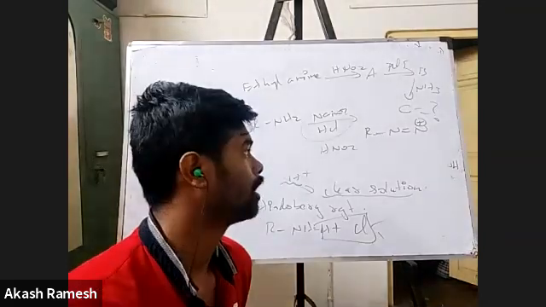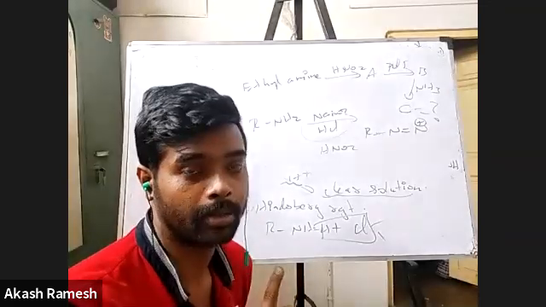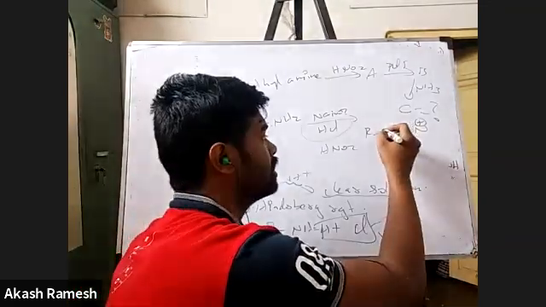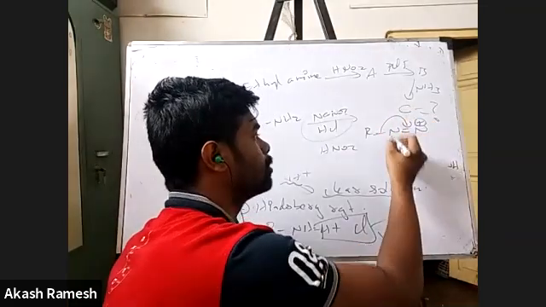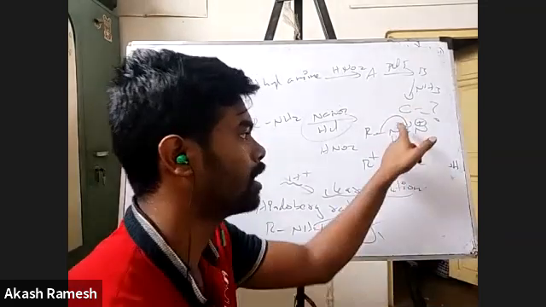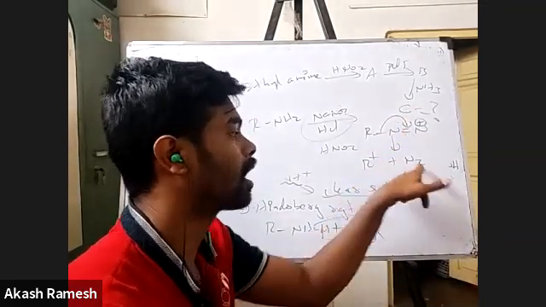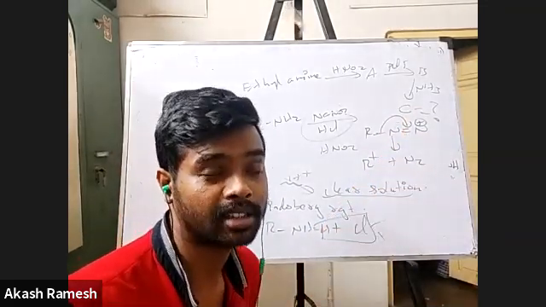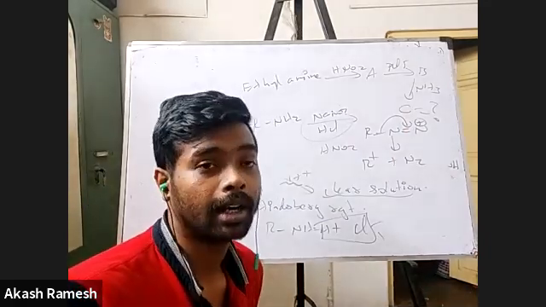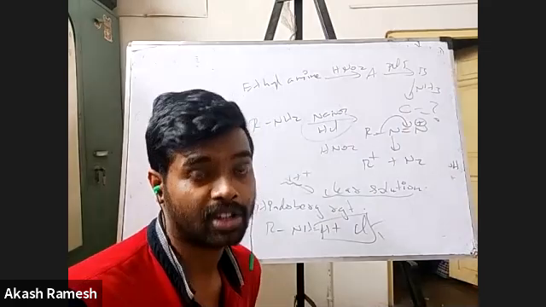I told you this is highly unstable, so this bond is entirely going to break. You form a carbocation, and the moment you form this diazonium salt, the carbocation forms and nitrogen gas is evolved.